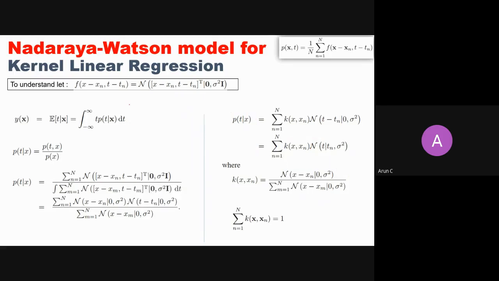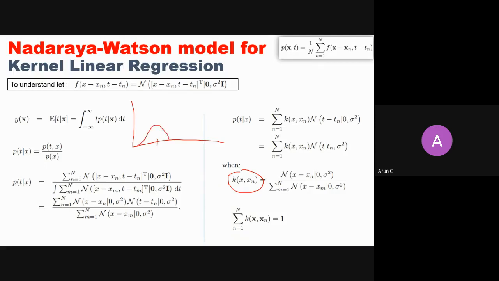Let's say I have a data set, so every xn comma tn is in my data set. This is my kernel function. It says that you define a distribution over every x. You have marginalized it, so t is not there.